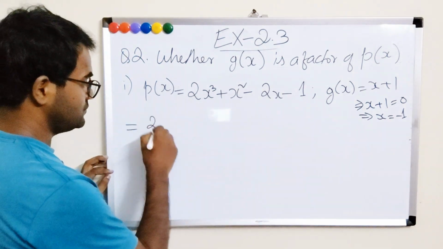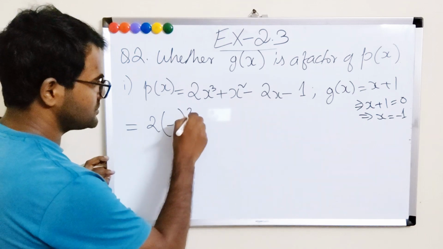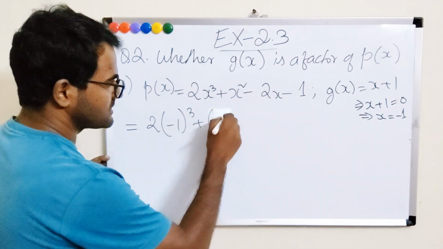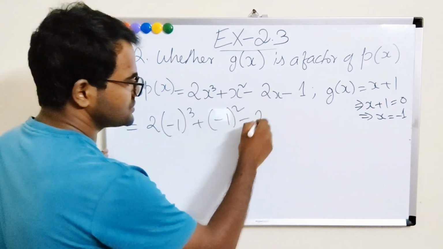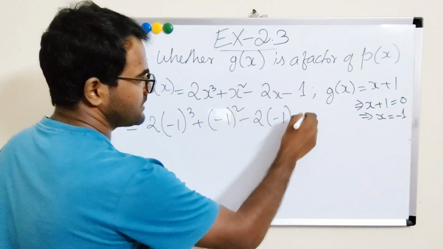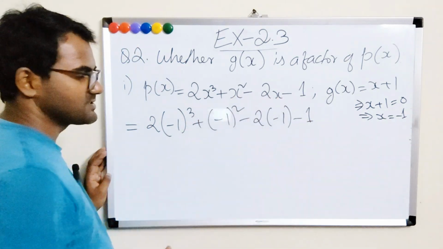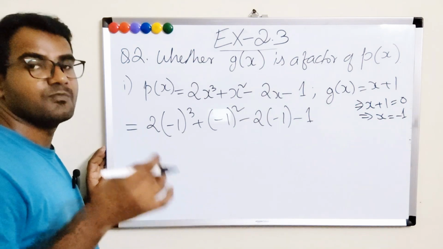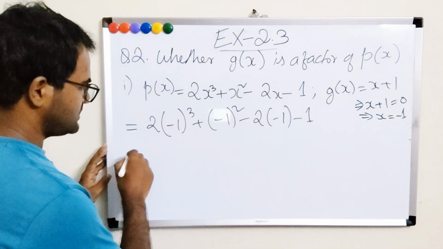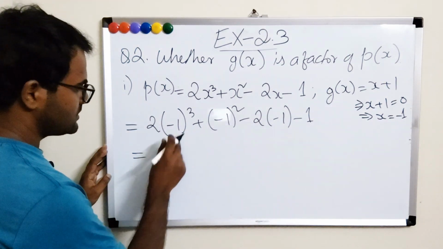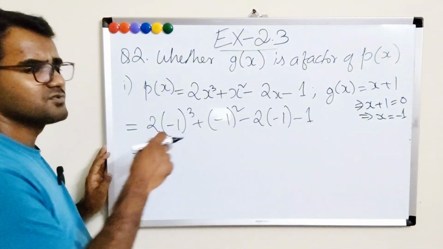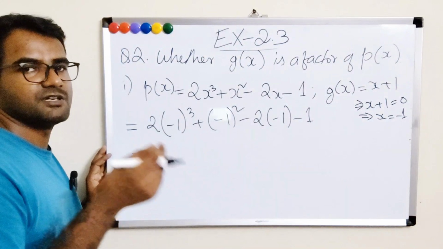So 2, then minus 1 cube plus minus 1 square minus 2 minus 1 minus 1, right? Understood? I have just replaced the value of x with minus 1. Now here, minus 1 into minus 1 into minus 1, you're going to get minus 1 only.